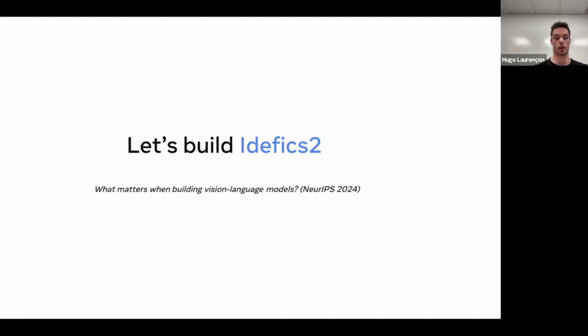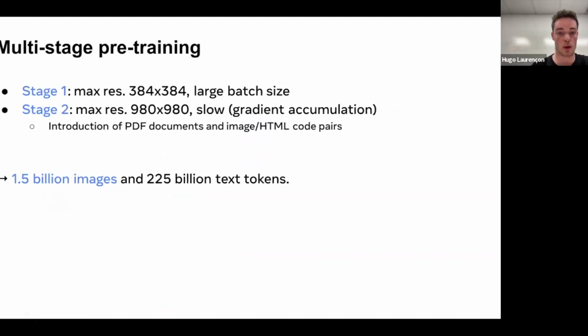So now that we talked about the training data, we can see a bit the details about the training of our model Idefics2. So we use a multi-stage pre-training approach. The reason for this is only because of efficiency and saving resources.